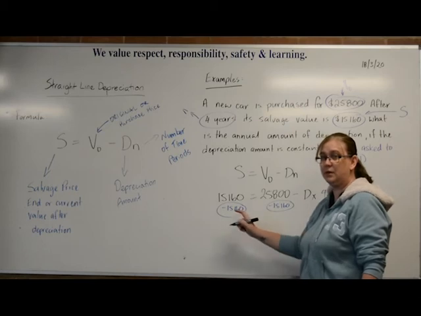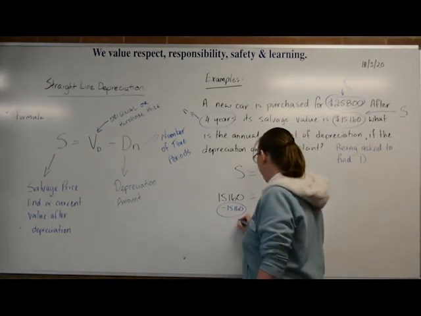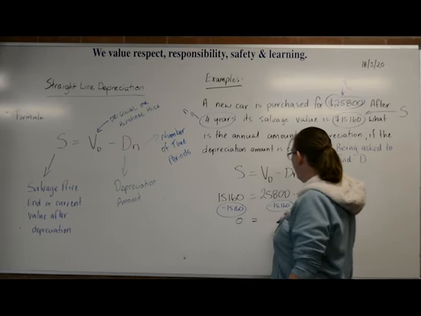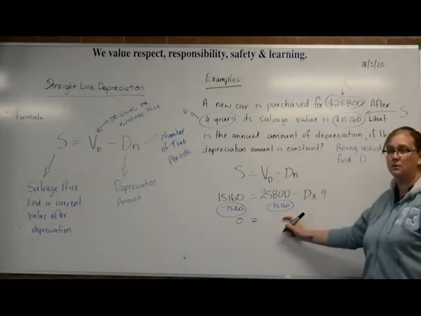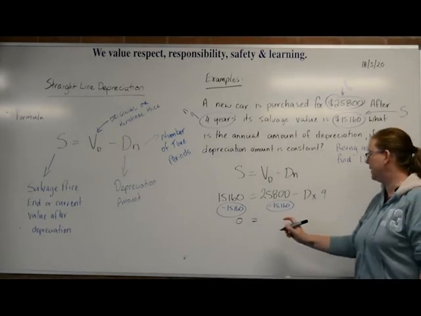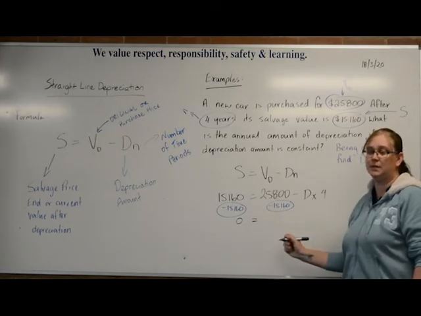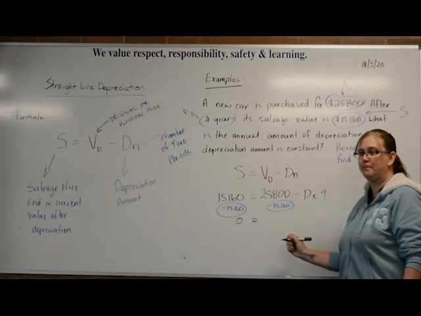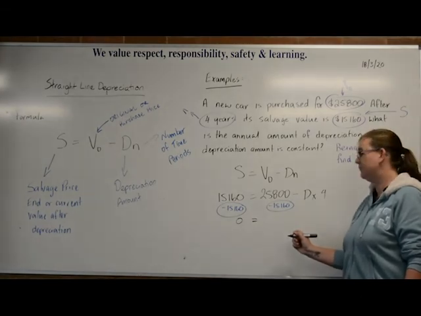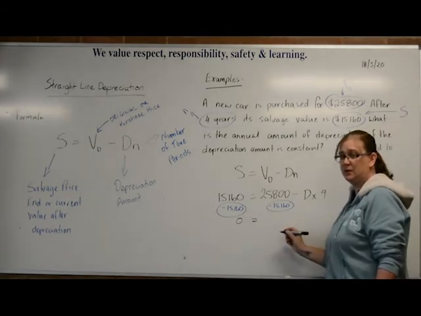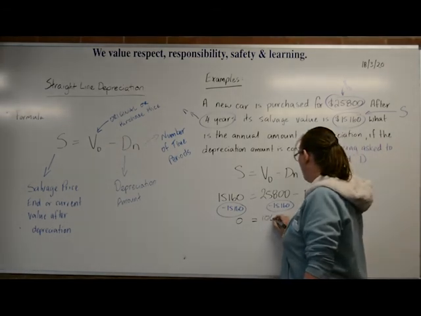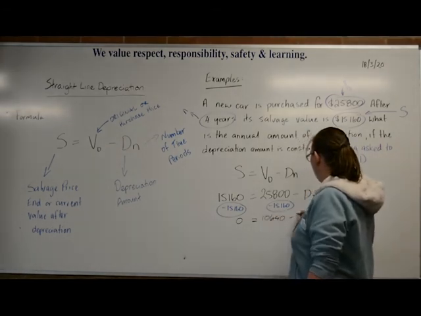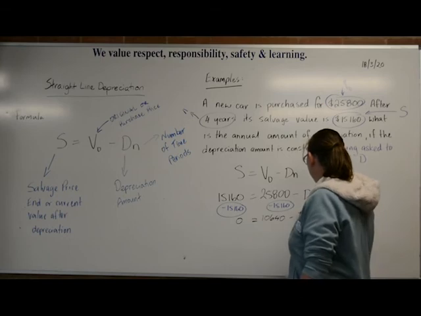I'm going to be left with 0. And what am I going to have over here? 25,800 minus 15,160, which is 10,640. So 10,640 minus 4D.